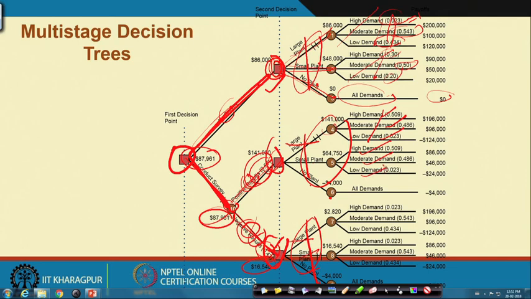And finally, against the 3 nodes we have large plant, small plant and no plant, with 3 different outputs against high demand, moderate demand and low demand. This is equally true in the case of small plant, and there is no demand against no plant.